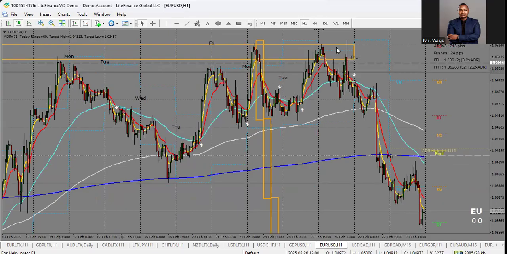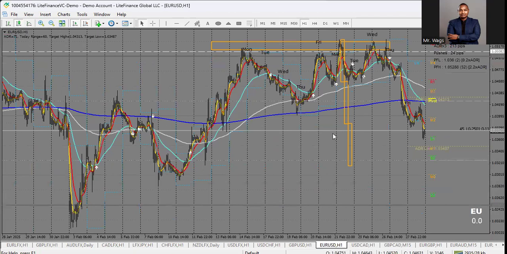You can see here the market had formed a peak. We had the first level, a retracement, the second level, a retracement, and we are now on the third level. The first level had completed the first ADR, we had completed the second ADR, but we have not yet completed the third ADR.